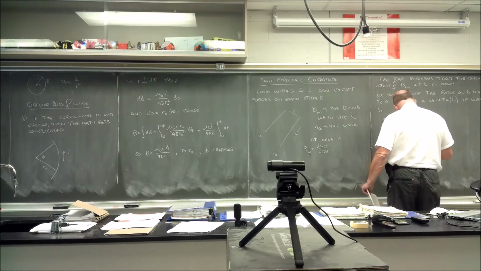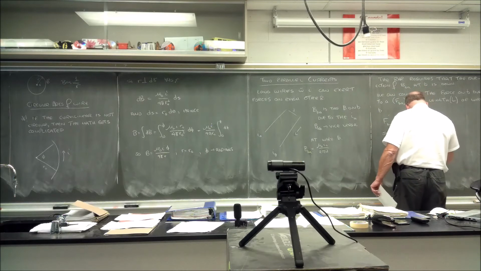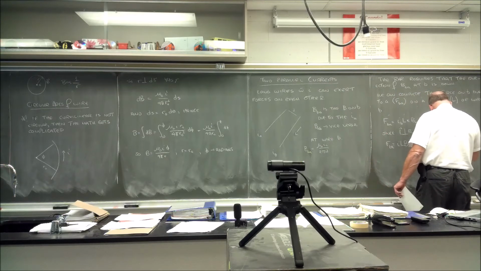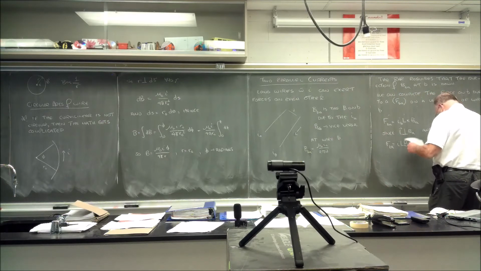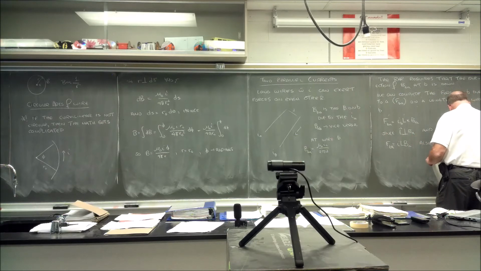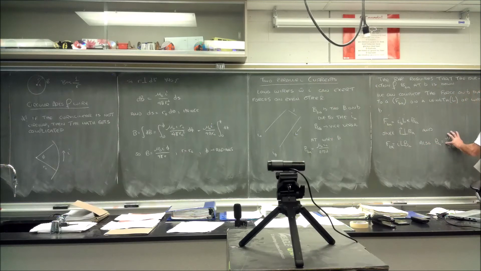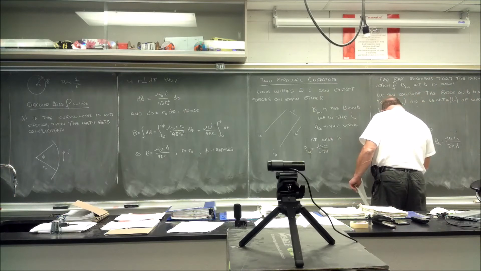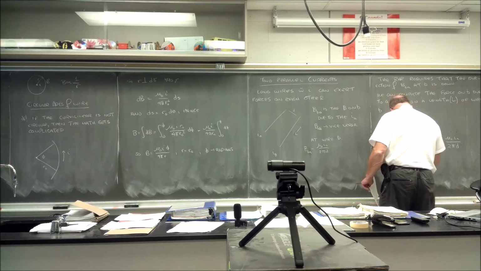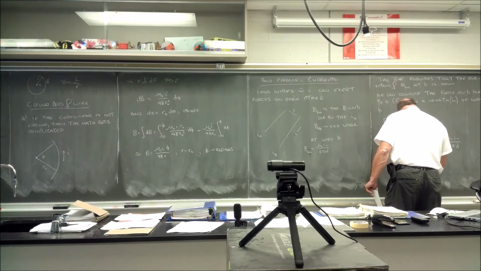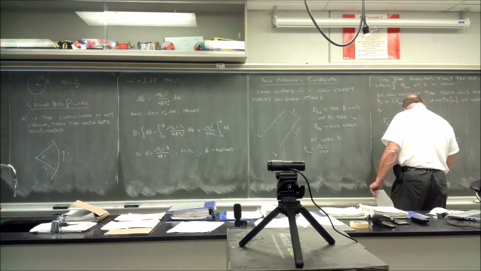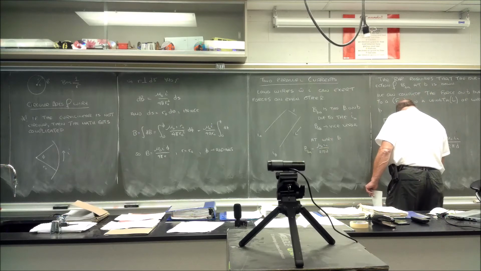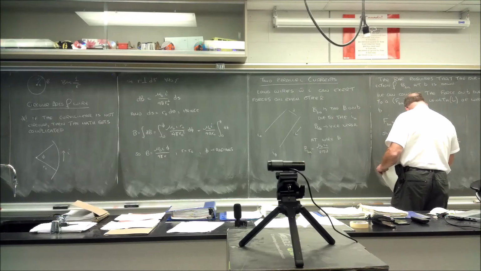Now, also, BA was equal to mu naught IA over 2 pi d. Right? So we could substitute this in here, and then FBA is equal to, this is IB here, so we're going to have mu naught IA IB over 2 pi d, and we need an L in there too.